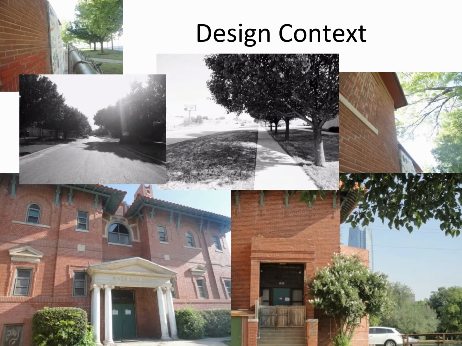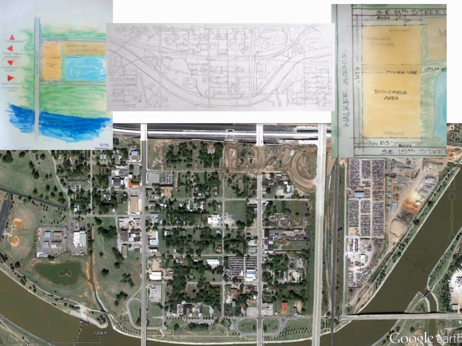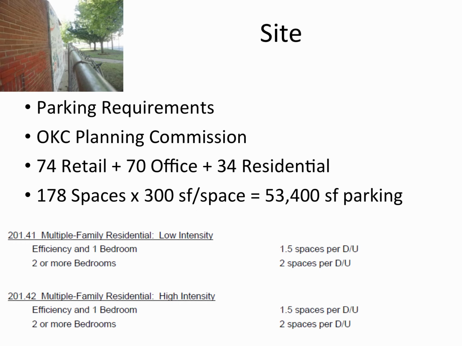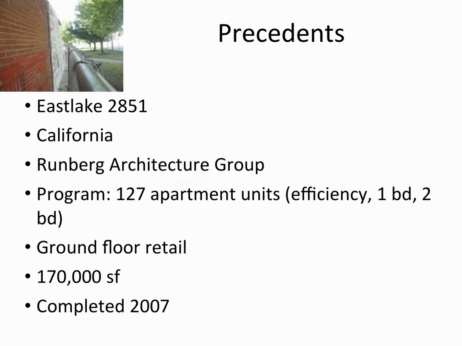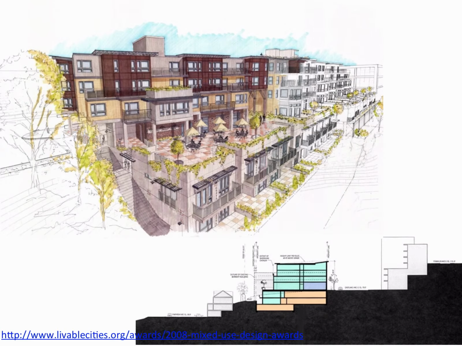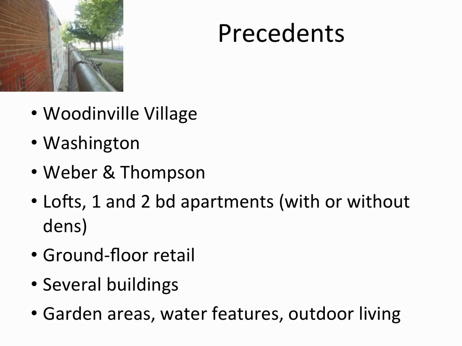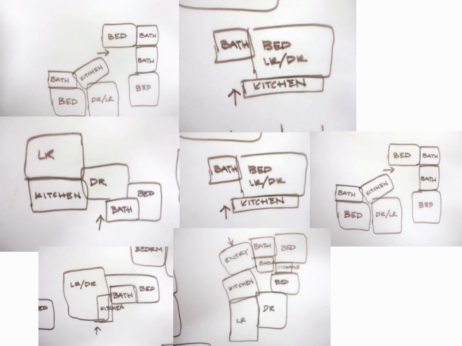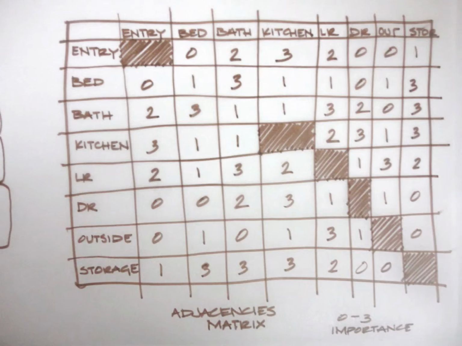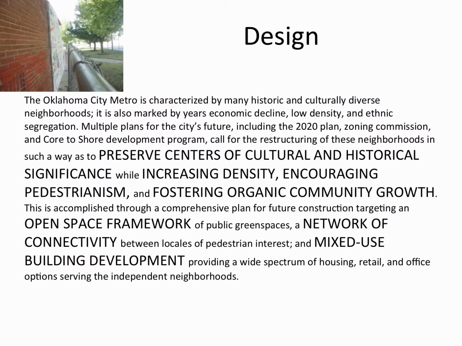Design context, sketches and maps, analysis and calculations, photographs of the site, precedent studies of different projects that were used for inspiration, I believe, of the project, and hand sketches of adjacencies and how the rooms are going to be laid out and the adjacency matrix.